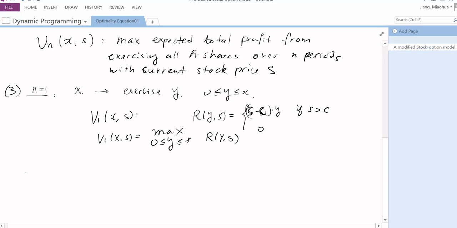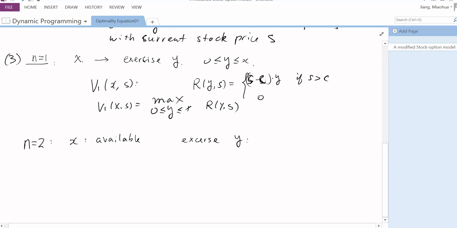Now, imagine if we have two periods, n is equal to 2. Then what's going to happen? We always assume we start with X number of shares. This is available. And then we just exercise Y. And what do we have?